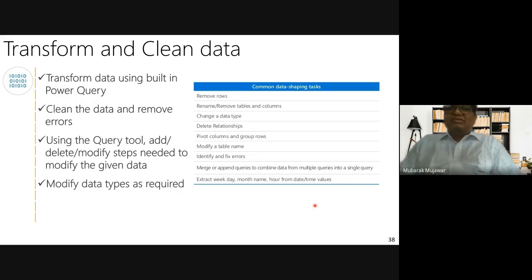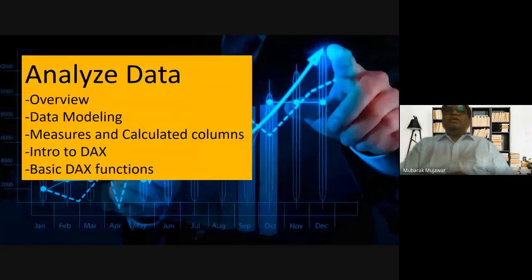So just to summarize, you can do data transformation using built-in Power Query, do data shaping, do data cleaning, and then use their tools to modify the data as required. Now, once you transform the data, the next thing we generally do is data analysis, or analyze the data.